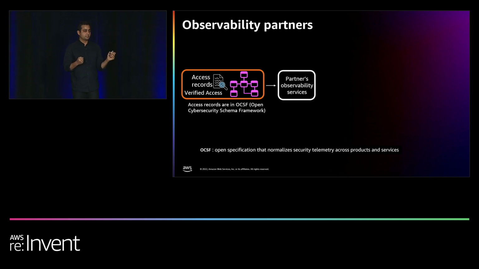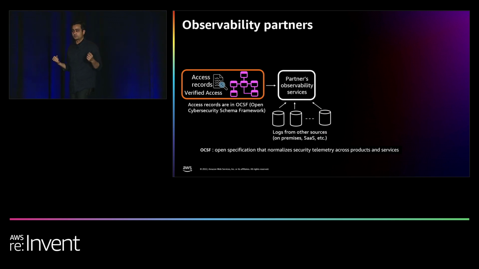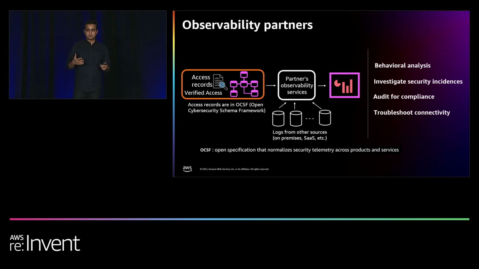So that's why we came up with this standard schema, and Verified Access uses it, which simplifies our life because we can provide logs in a standard schema. It simplifies the lives of our partners because they can consume and give you all the richer insights, right? And these partners consume logs from your SaaS application, your on-prem application, many different sources. They will combine all the logs and give you the richer insights that will enable all the use cases that we talked about.